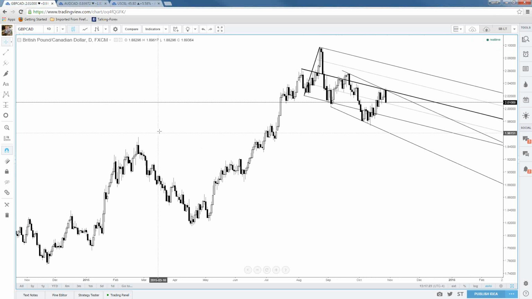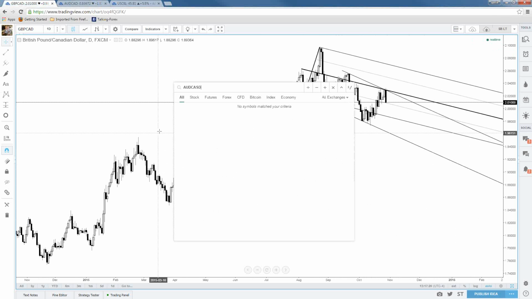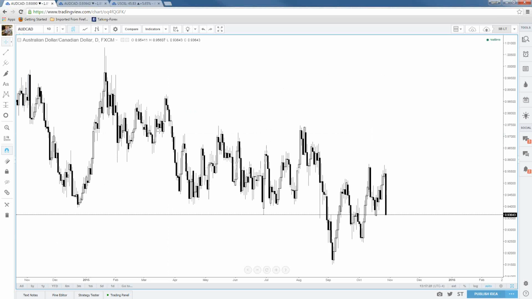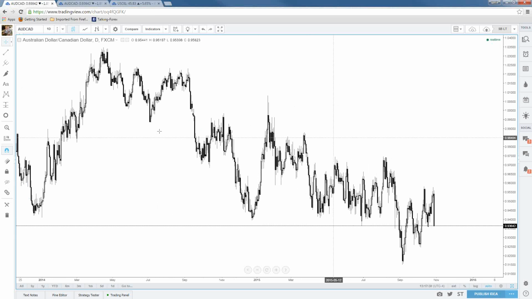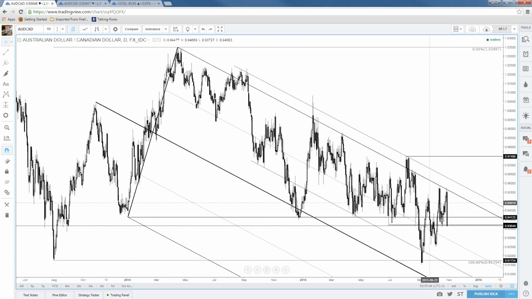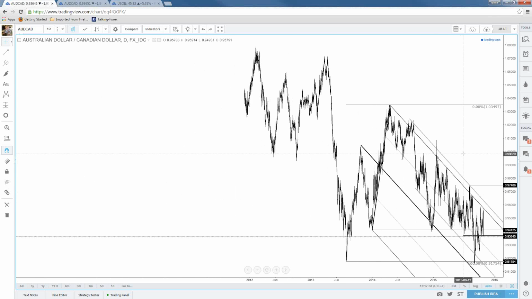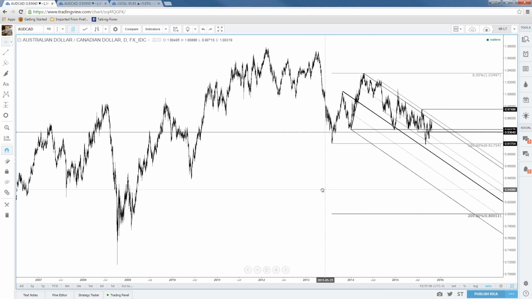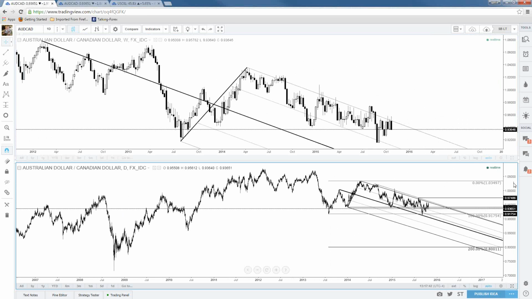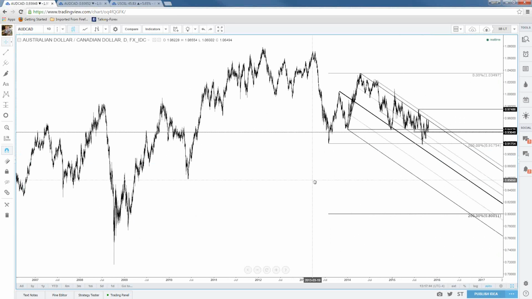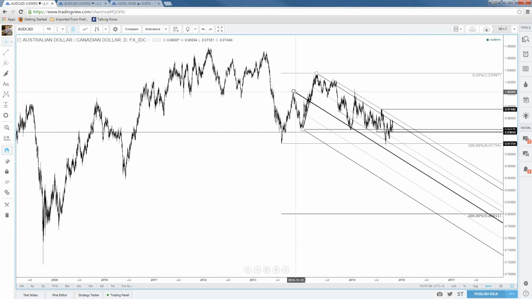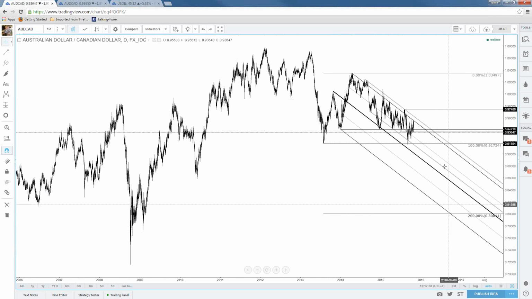If you look at the long-term picture for this thing, Aussie CAD, this is something we were looking at months and months and months ago. It's a daily chart. It's actually even a different slope, but it's the same result. Say it's the same slope, but with three different points.